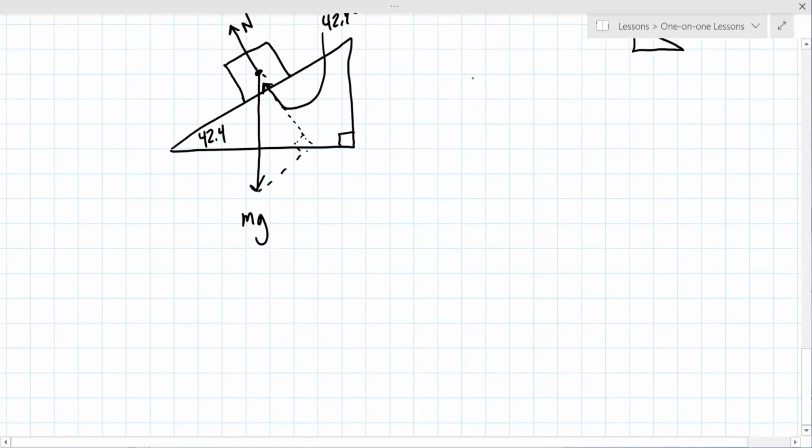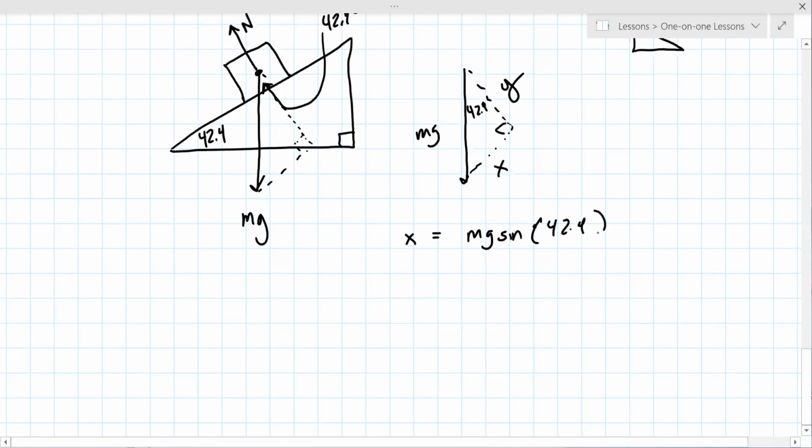You can draw the triangle over here the first few times if you need to. That's fine. The 42.4 is there. This is mg, with the x component and the y component. The x component is again just like before, mg sine the angle 42.4.